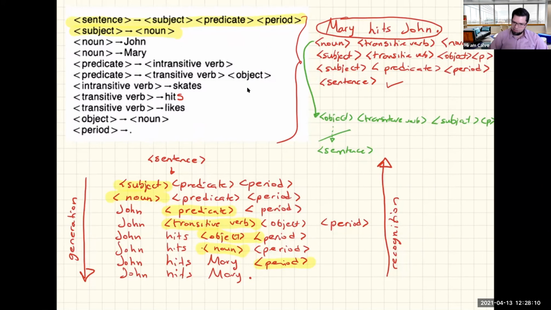So I need to examine all different possibilities, which for this grammar, there are not so many, but for more complex grammars, we have the problem that it can be exponentially growing number, and it can be very, very difficult to parse it. That's why we will also see ways of optimizing these parsings.